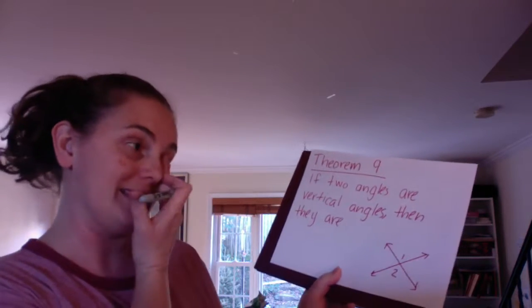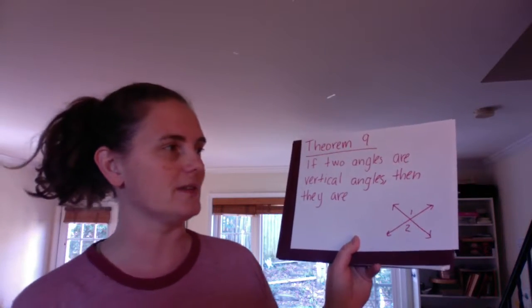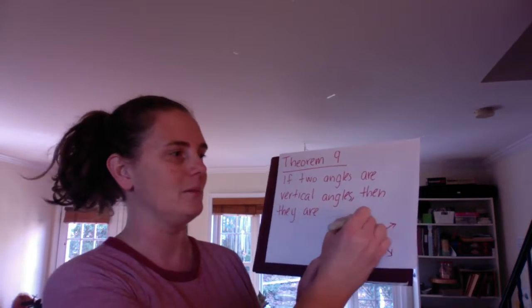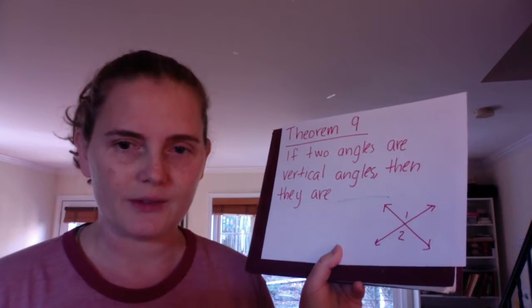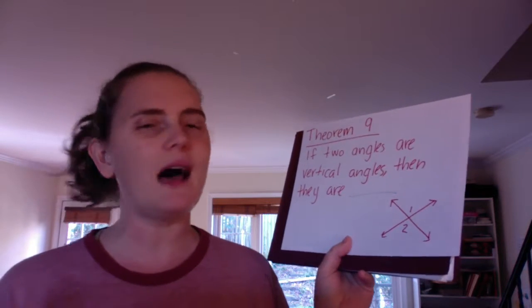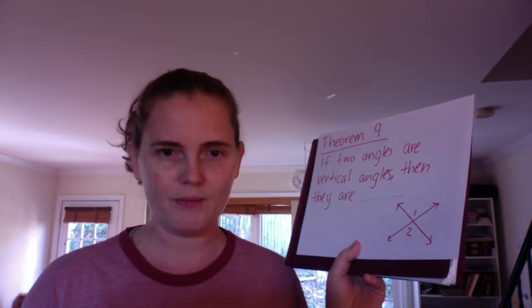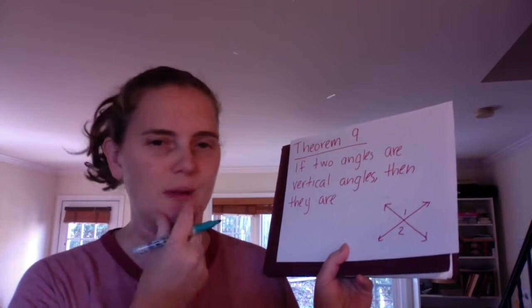Next, we've got our final theorem for this lesson. And this one is Theorem 9. If two angles are vertical angles, then they are blank. Now, 1 and 2 here are vertical angles. And I think that a lot of you probably already know how the angle measures of 1 and 2 are related.